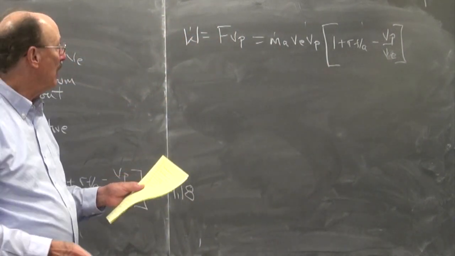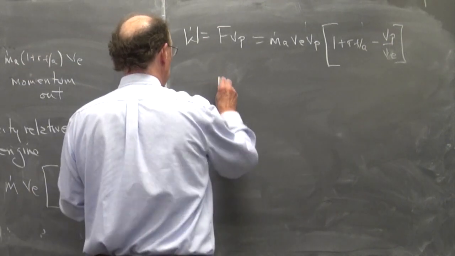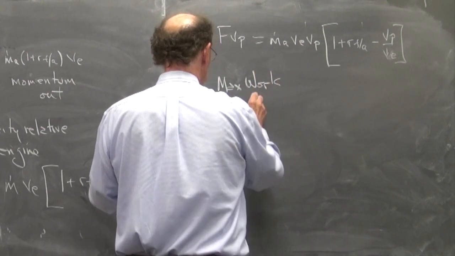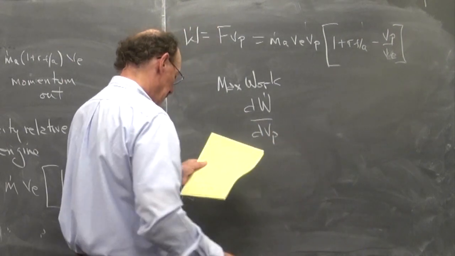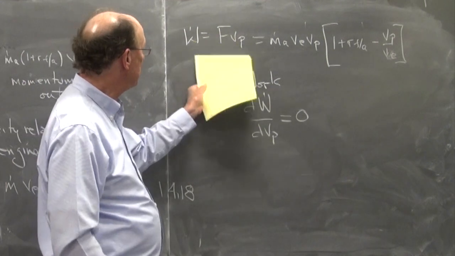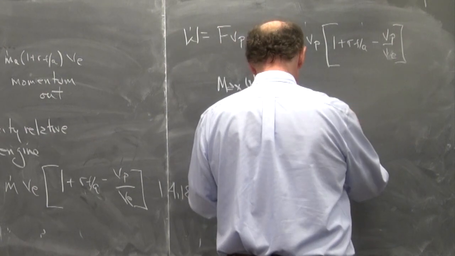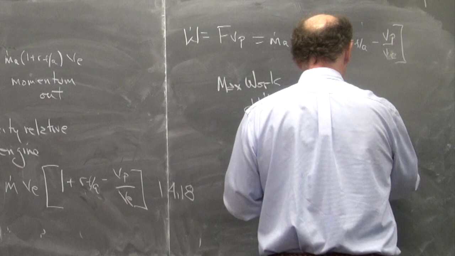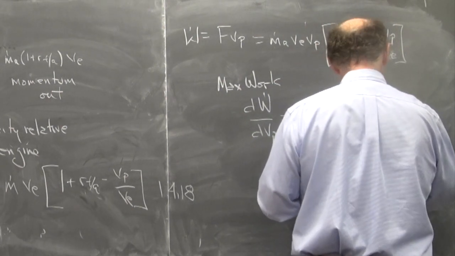So the maximum work, so this gives us the power, so max work. We're going to take the derivative of this term with respect to this, set it equal to 0. And this is 1 plus RFA minus 2 v sub p over v sub e.